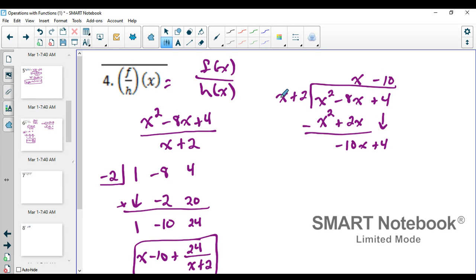So negative 10 times x is negative 10x. Negative 10 times 2 is negative 20. And then we're subtracting. So the negative 10x's go away. And then we have 4 minus negative 20, which is 24. So then we have plus 24 over x plus 2.